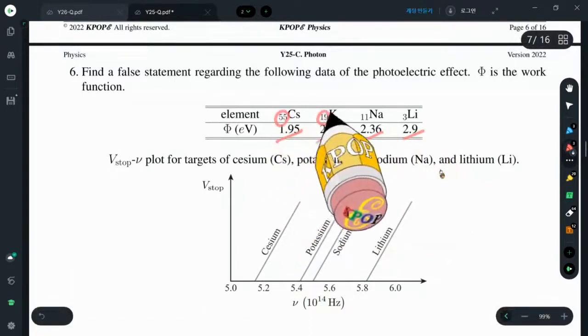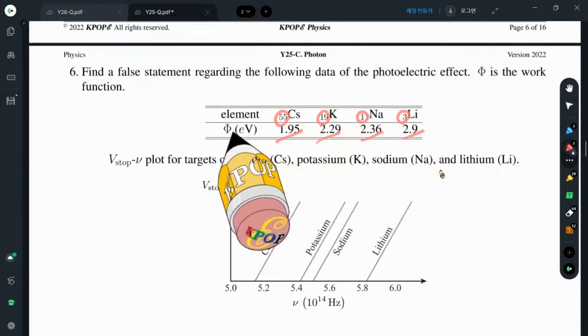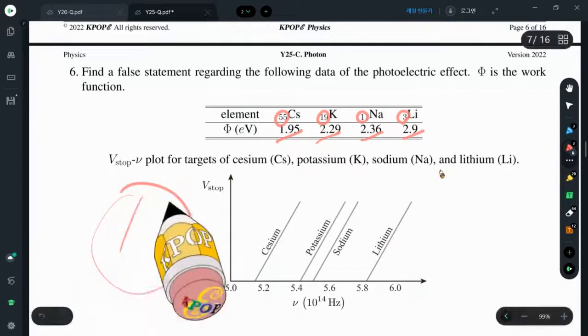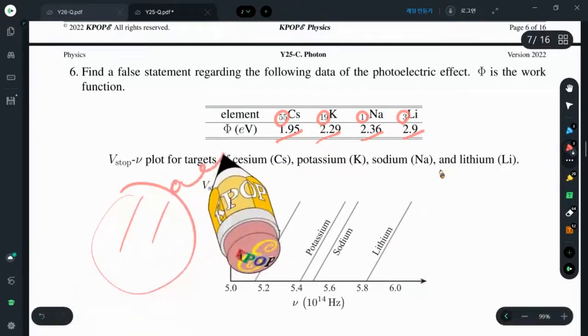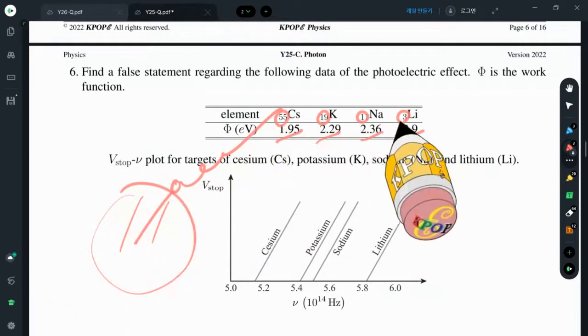You have different values of Z, the atomic number. As the atomic number increases, the electron coming out of the atom is detached from a longer distance.